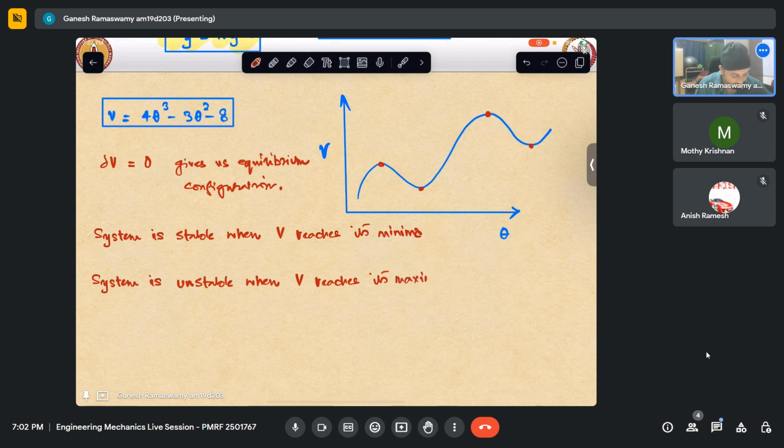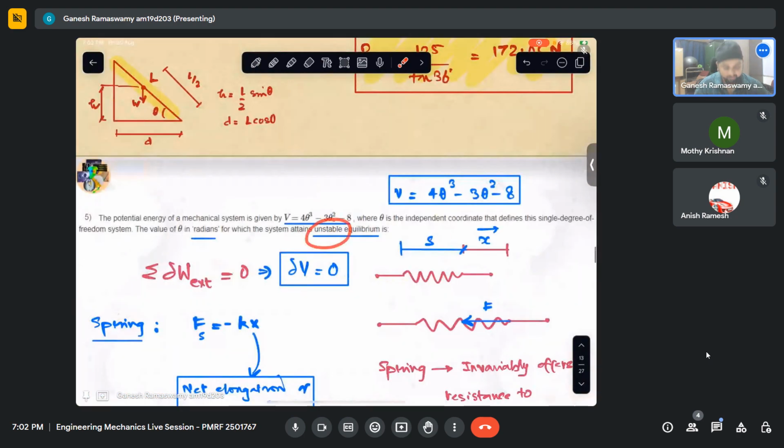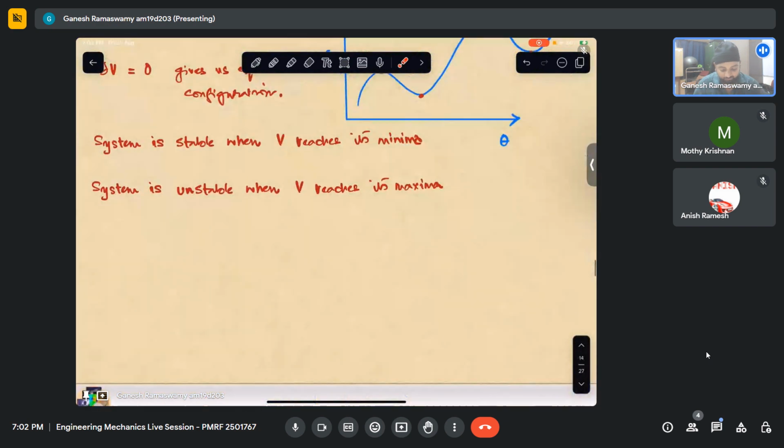So when we equate this, we will get stationary points. We will get all these points. But we have to analyze which is the point where we actually have the system reaching a maxima. That is where it will be unstable. And that is what we have been asked here. We have been asked when will it reach unstable equilibrium. So first we need to find out when will it reach equilibrium. So for that delta V equal to 0 we have to do.